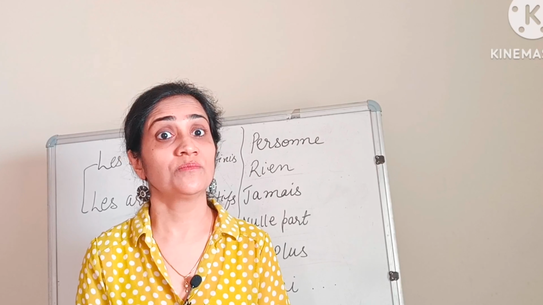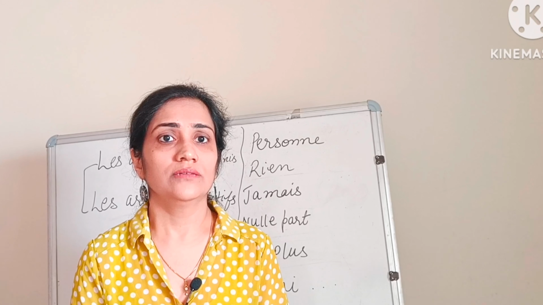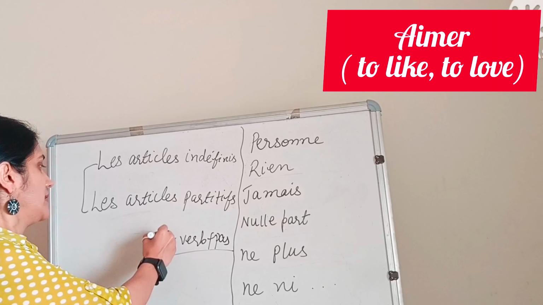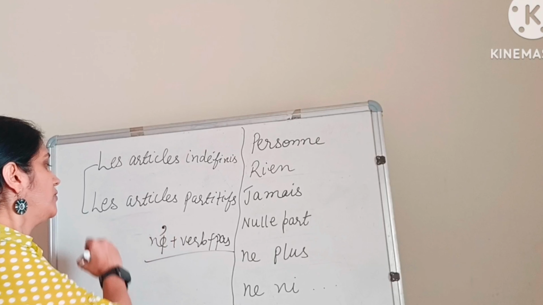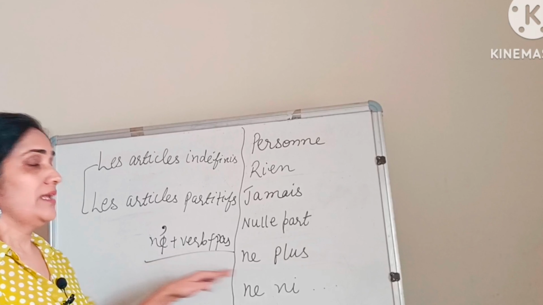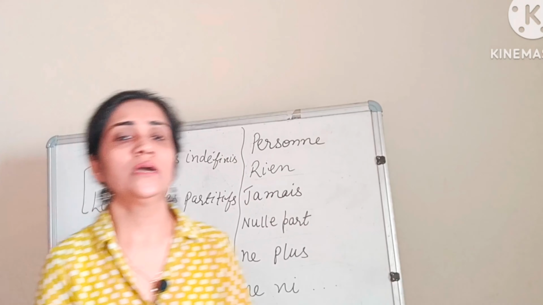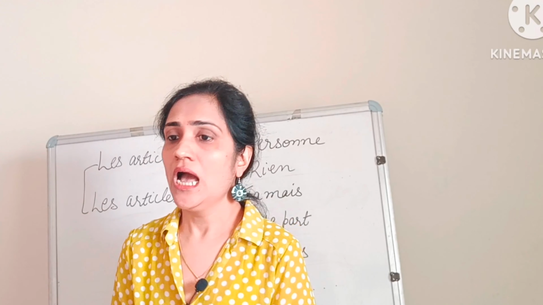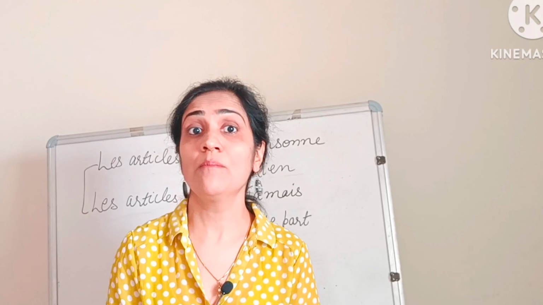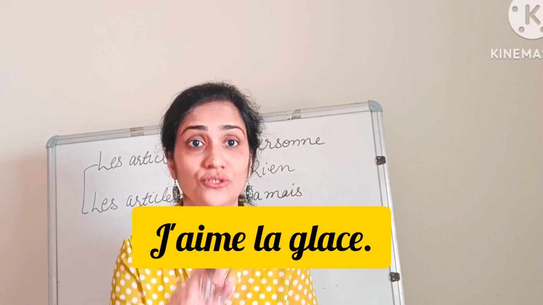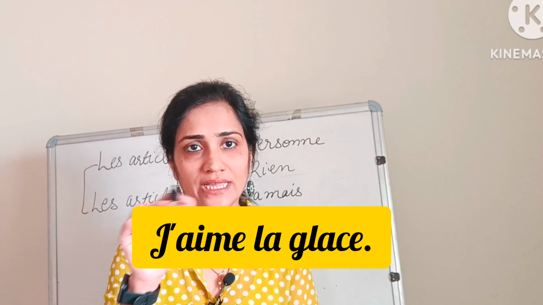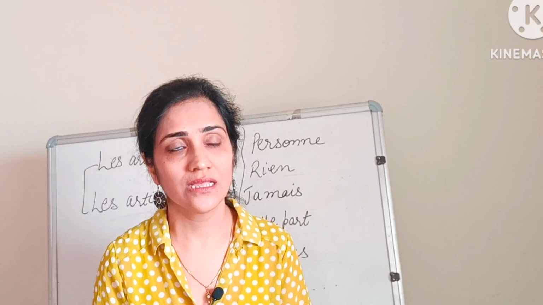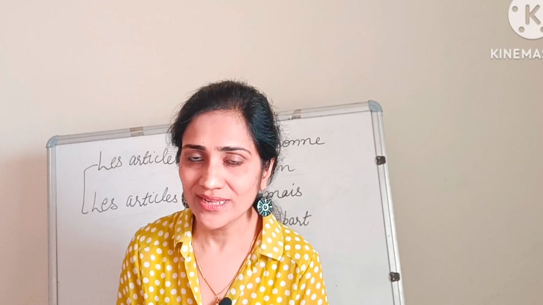Suppose the verb is beginning with a vowel like aimer, A-I-M-E-R, then a slight change occurs. With the E you have to use an apostrophe and the rest of the structure will remain the same. An apostrophe, verb and pas. Like the affirmative sentence, I like ice cream. J'aime la glace. In the affirmative also, you are omitting the vowel of je, J apostrophe. J'aime la glace. I like or I love ice cream.